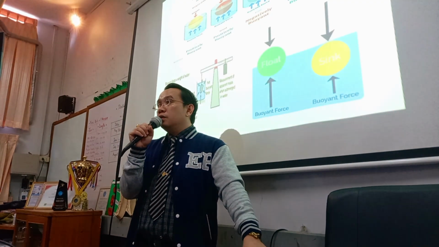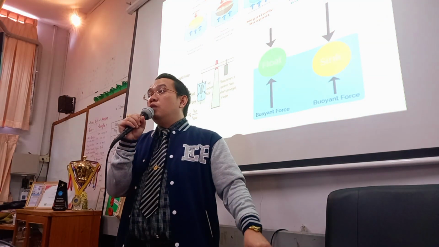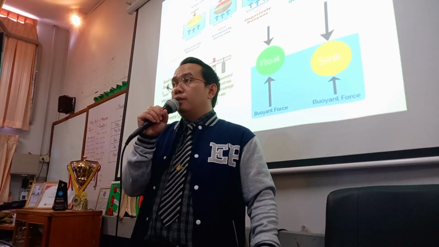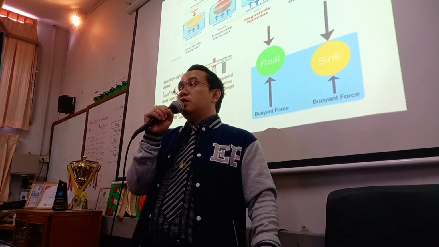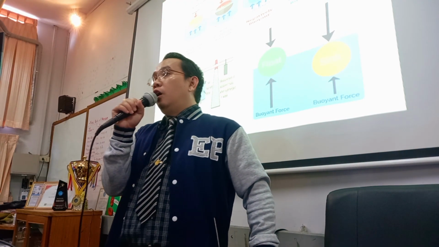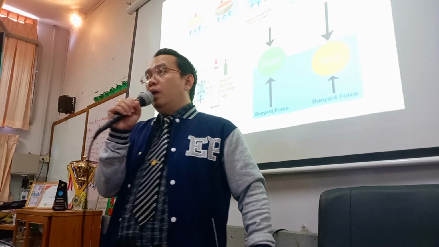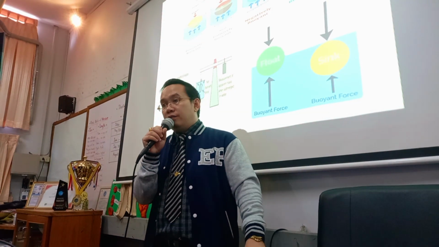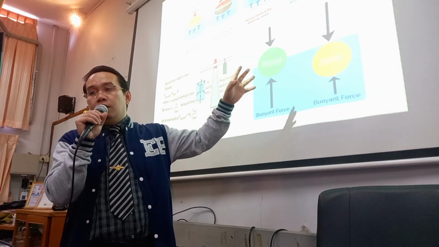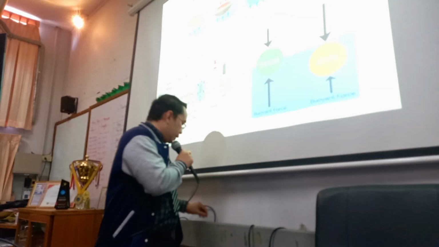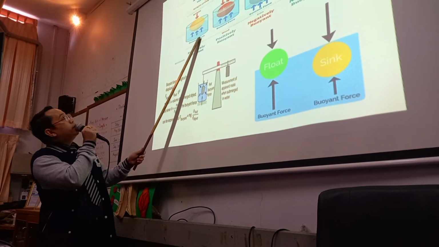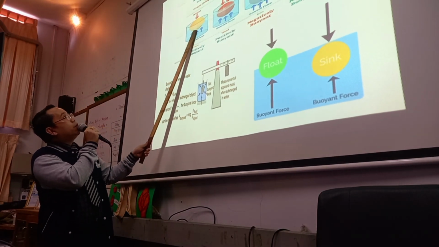Then, of course, the mass of water. So you will understand later what affects the sinking, floating, and submerging of an object. What are the factors behind that? We need to try to observe the buoyant force exerted. As you can see here, the buoyant force is exerted from where?